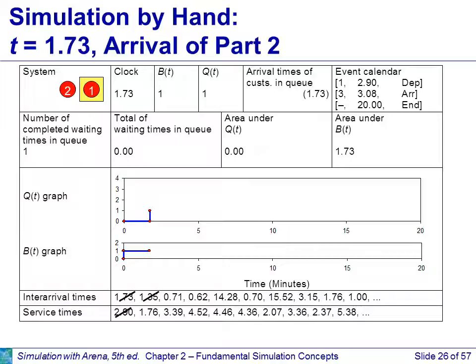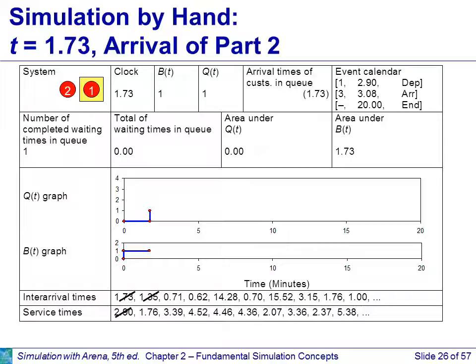And now our event calendar is updated. We still have part 1 at 2.9, which is a departure for part 1. But soon after we also have another event, which is the arrival of part 3. Arrival of part 3 we get by adding the inter-arrival times, right?